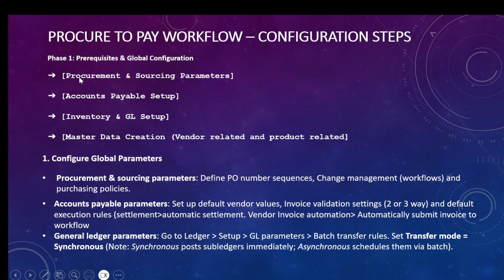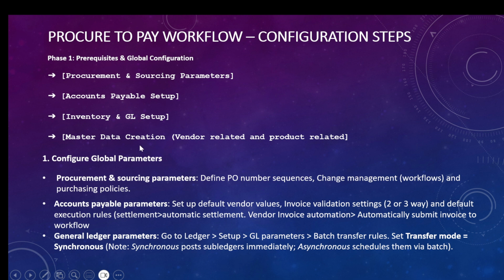So to start with, there are three major modules. And of course, the fourth one is the general ledger, which is applicable for all the modules. So what we have to do is we have to do the setups in the procurement sourcing parameters page or procurement sourcing module, accounts payable module, inventory module, and general ledger module.